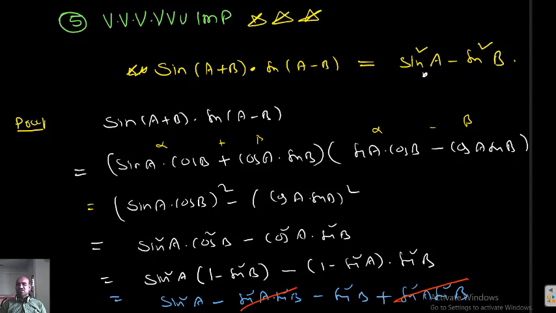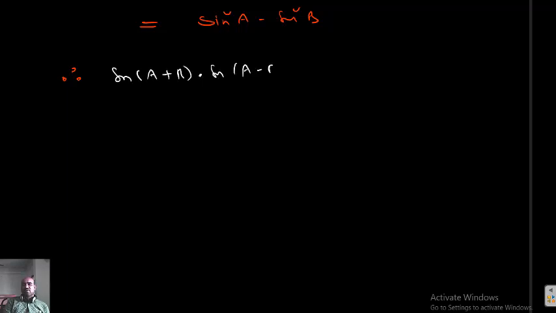Sin square A minus sin square B. Therefore, the final important result, students: sin of A plus B into sin of A minus B should be remembered as sin square A minus sin square B.